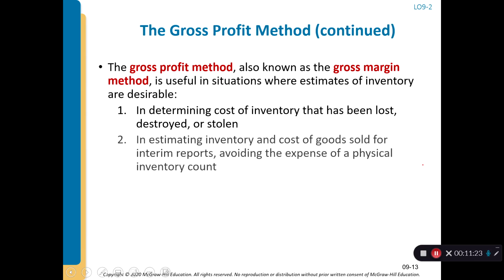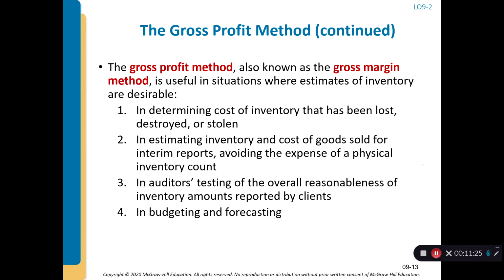Okay, so besides talking about the subsequent valuation of inventory, I want to introduce how to estimate inventory. The reason we need to estimate inventory is that in a lot of companies it becomes very difficult or impossible to physically count the inventory at the end of the period.